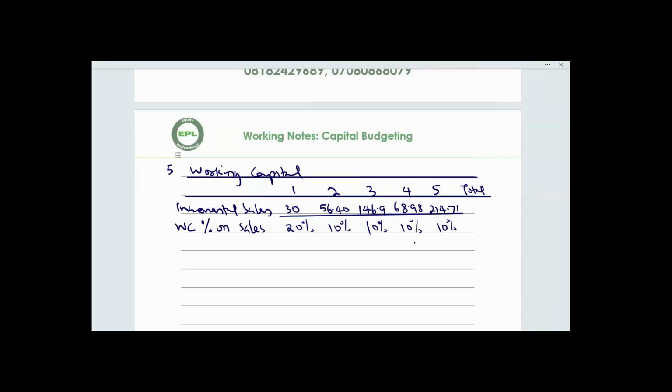So we are supposed to account for 10% increments. Therefore, my working capital will be equal to 20% of 30. That will give us 6. Then 10% of 56.4. That will give us 5.64.